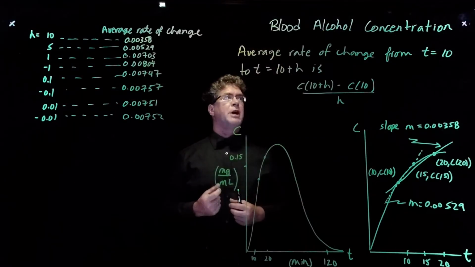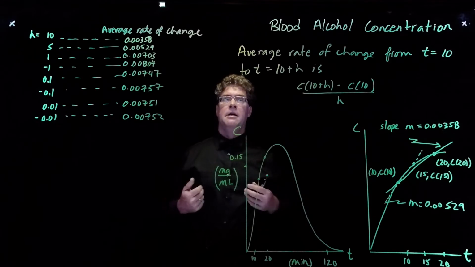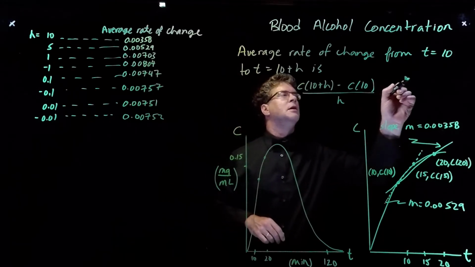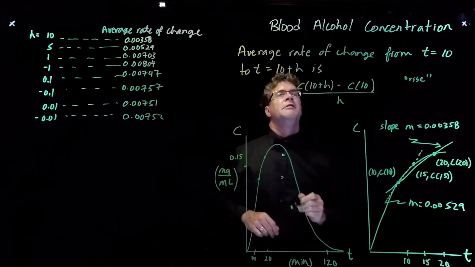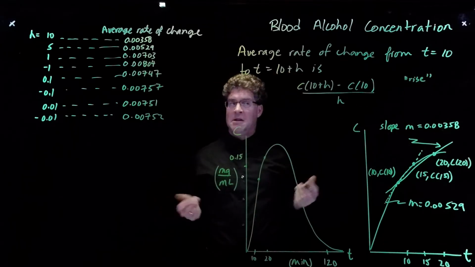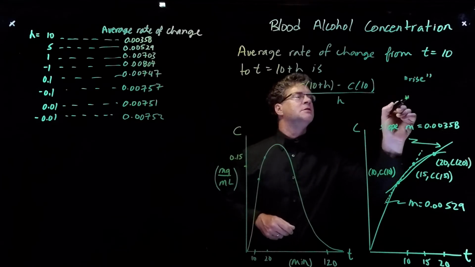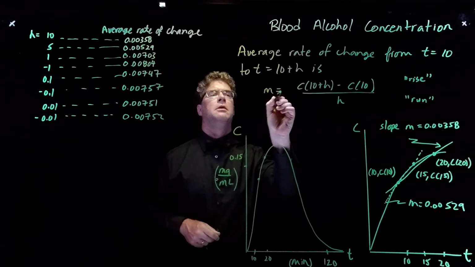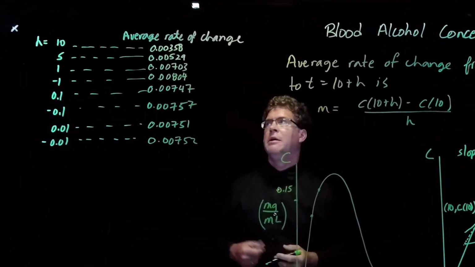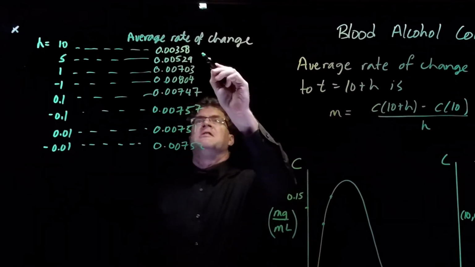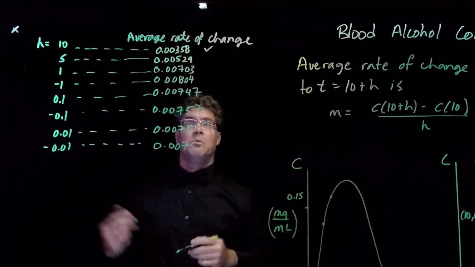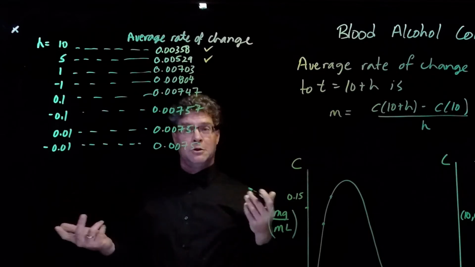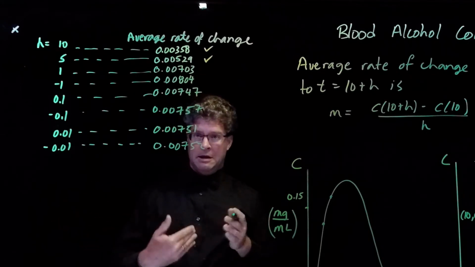So the average rate of change from t equals 10 to t equals 10 plus h is just the rise, C of 10 plus h minus C of 10, over the run, which is h. And that'll give a slope. And so we can do this experiment. We looked at the case h is 10 and just a moment ago, and also the case h is equal to 5.